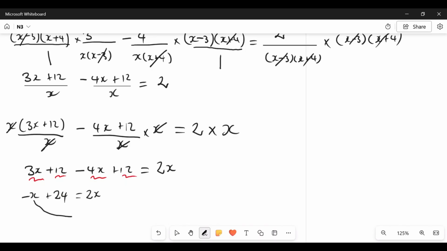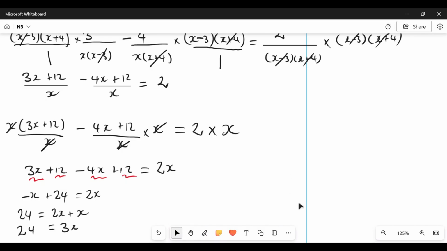If we transpose this negative x to the right hand side, we're going to be left with 24 on the left hand side. And then we're going to have 2x plus x, because this x here is going to become positive when it goes to the right hand side. Now, on the left hand side, we still have 24, and then we have 2x plus x. This is going to give us 3x.